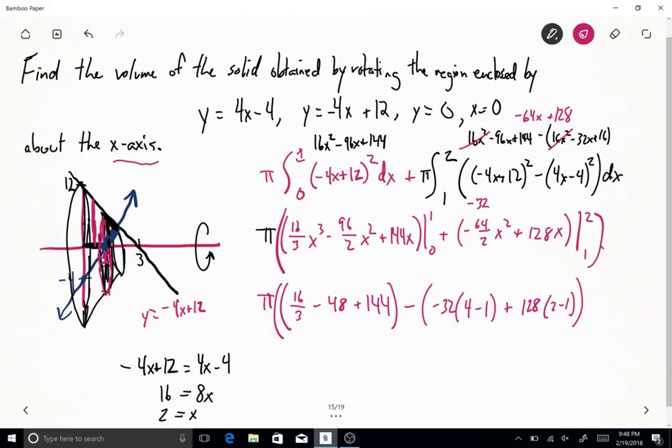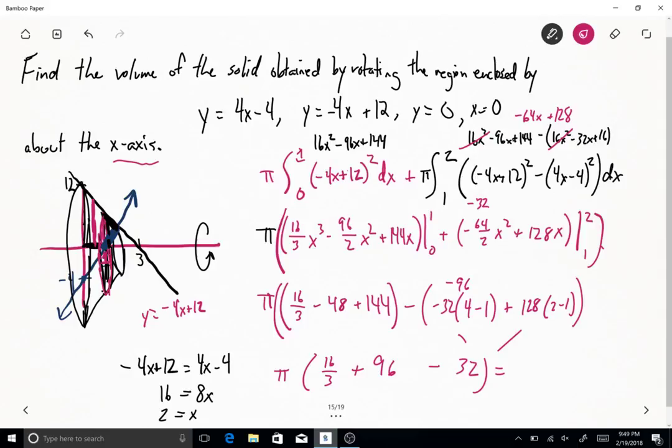So what does that become? Well, this will be negative 96. And then 128. So when we take those two, we'll get 32, I believe. So minus 32. This would be 96. And then plus 16 thirds. And then we'll have a pi right there.